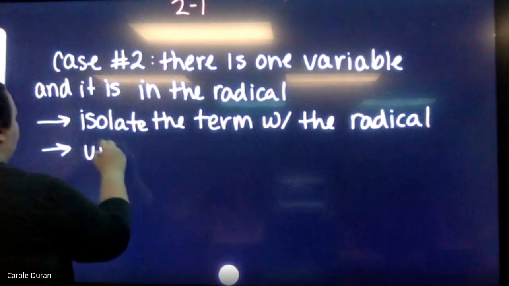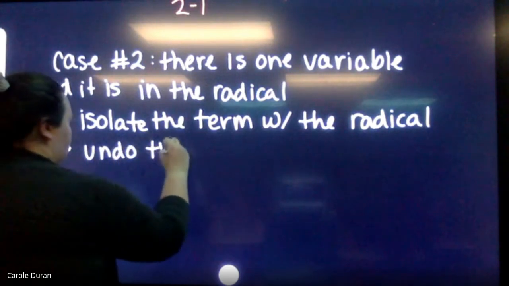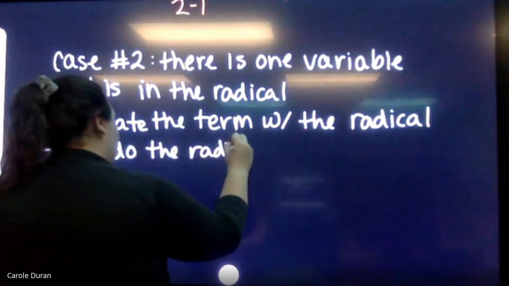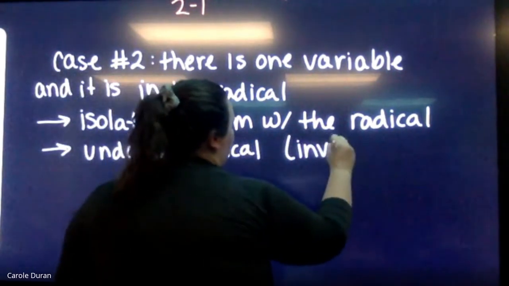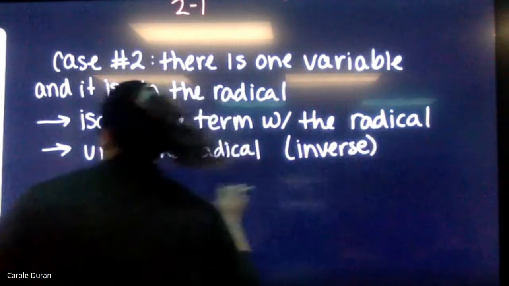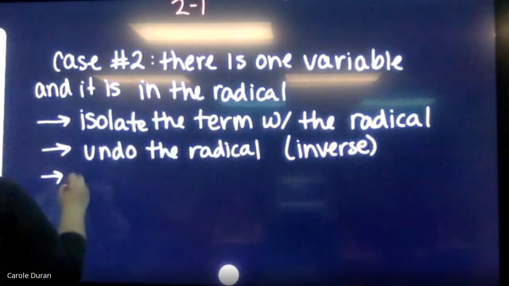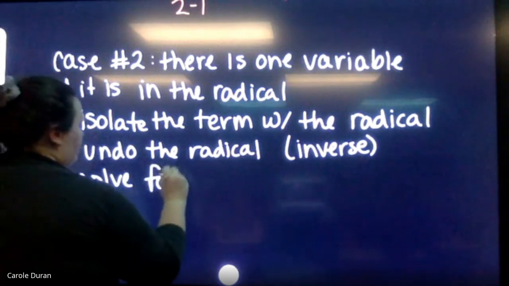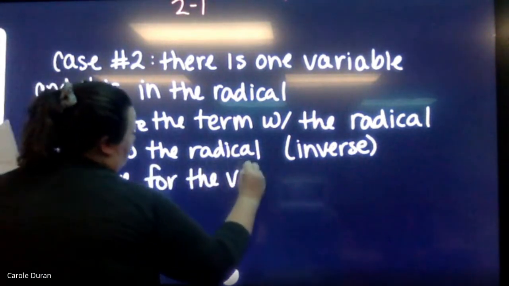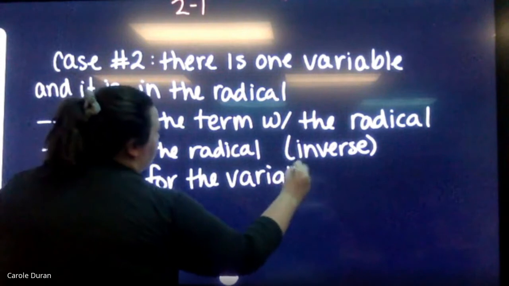Step 2 is to undo the radical. We like to think about this as an inverse operation. Step 3 is to solve for the variable. And then step 4 is to check your solutions.